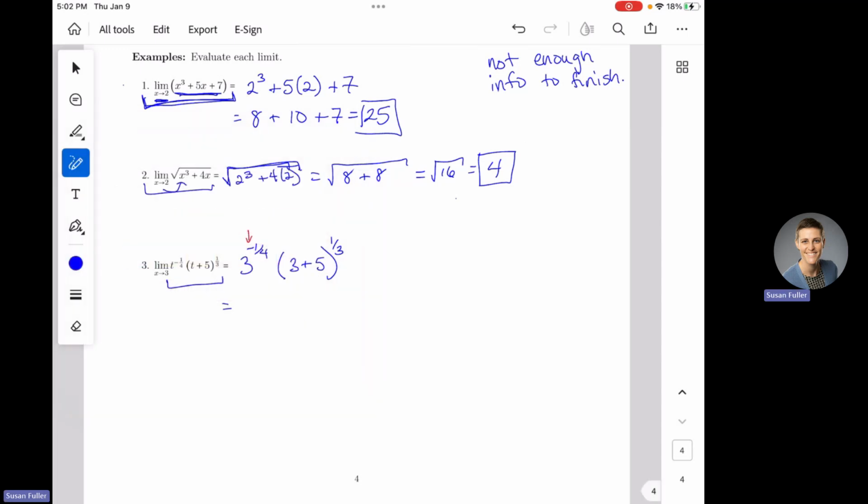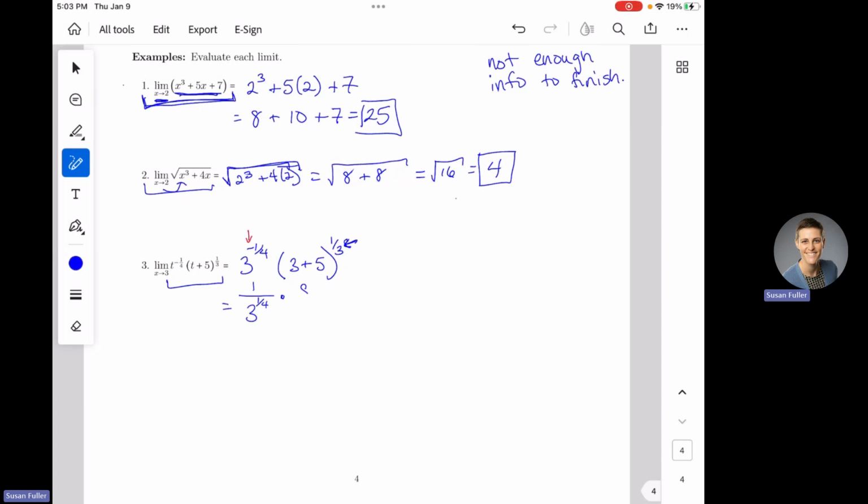Well, negative exponents give us a reciprocal. So that negative is going to throw the 3 to the 1/4 to the bottom of a fraction. That's what a negative exponent does. It pushes you across the division bar in a fraction. And this one already has a positive exponent up here, so it's going to stay on top. It doesn't have to move.